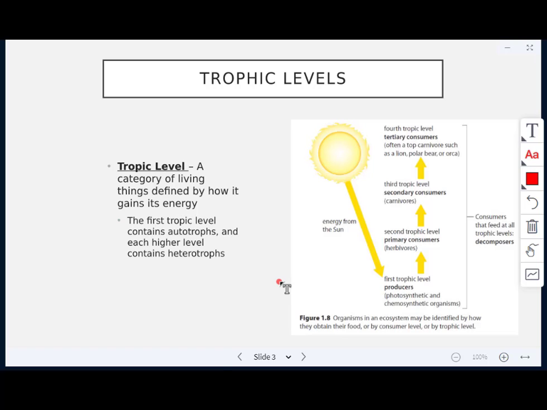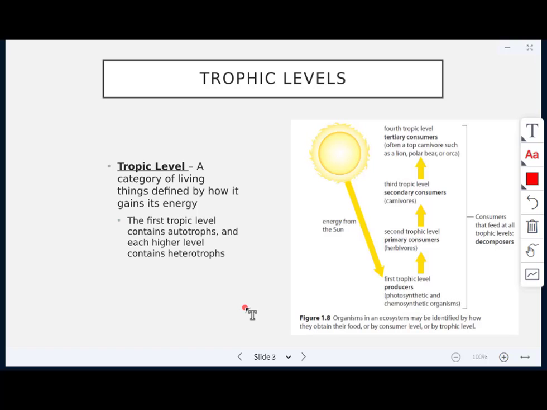So next we're going to talk about trophic levels. If we look at this diagram here, organisms can be identified by how they obtain their food, or by consumer level, or by their trophic level.